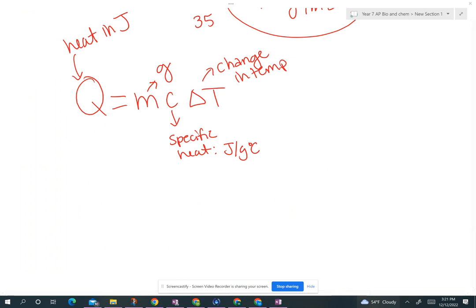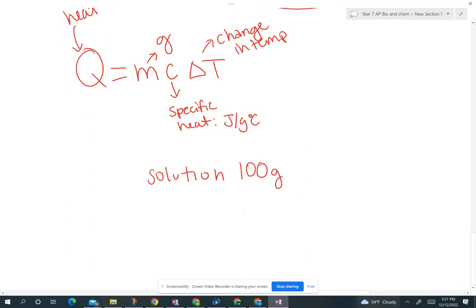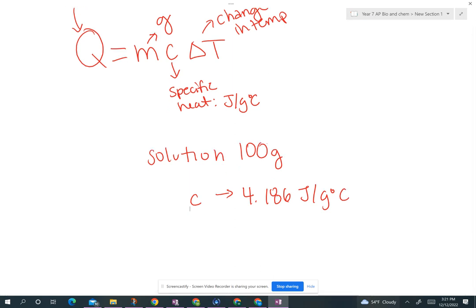Now we're going to do a sample problem real quick. If I am calculating the heat in joules, I'm going to say my solution has 100 grams of whatever it is, and the specific heat is 4.186 joules over grams degrees Celsius, which is the specific heat of water. So if it's water, you're going to see that number. And then you're going to see a change in temperature. Sometimes they'll give me two temperatures.